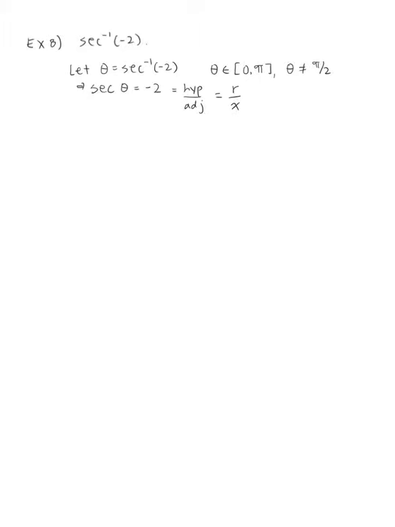So -2 is the same thing as -2 over 1. Since hypotenuse has to be positive, you're going to have to throw the negative on the adjacent side. But anyway, let me go through the same procedure. Now, secant of theta is negative. All right, ready? So we're going to draw this out.